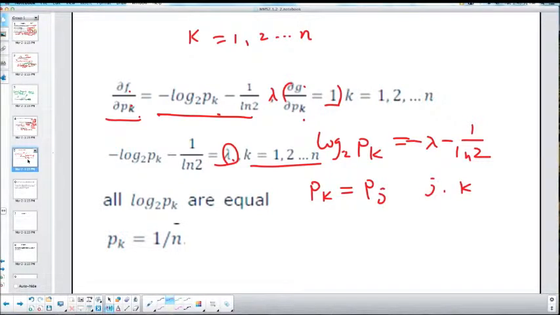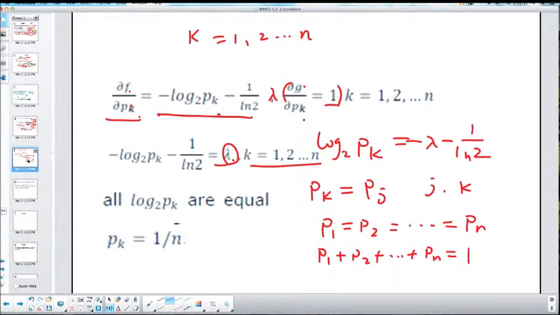So the conclusion is obvious. All these probabilities need to be the same. If they are the same and add to 1, what does this mean? P1 equals P2 equals Pn, and P1 plus P2 through Pn equals 1, of course. All of them equal 1 over n.